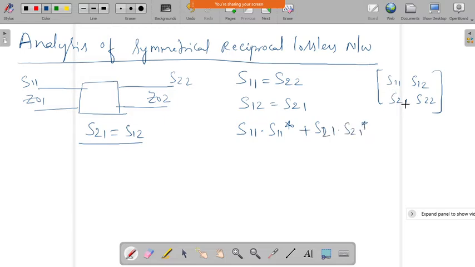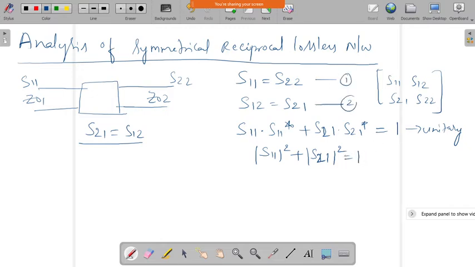That is, I am multiplying the column with the complex conjugate of the same column, and this gives 1. This is the unitary property. Taking the magnitude, I can write the magnitude of S11 squared plus the magnitude of S21 squared equals 1. Let us call this equation 1, equation 2, and this is equation 3.